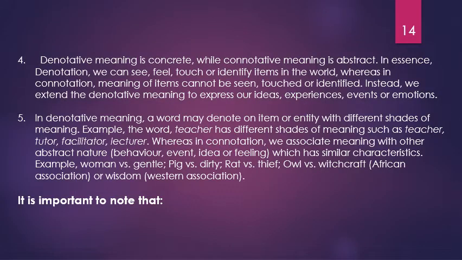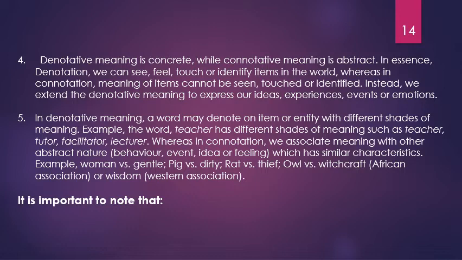And number 4, class, we can also say that the denotative meaning, that is the denotation, is concrete. That is something that you can see, something that you can touch, something that you can sense in real life. Therefore, that is why we said it is concrete.